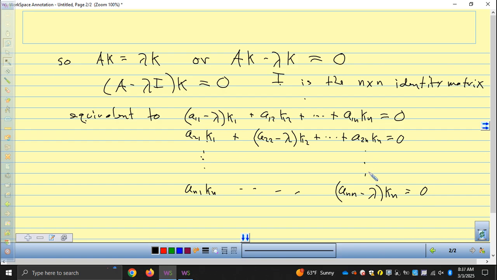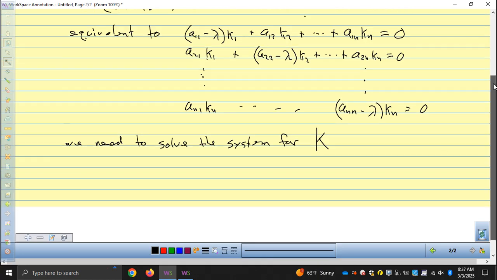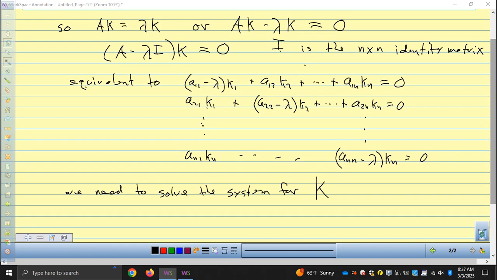So we have this system of equations here. So we need to solve this system for our column vector K: K1, K2, K3, to Kn. Well, we want solutions other than the trivial solution, where all of our K's are 0.